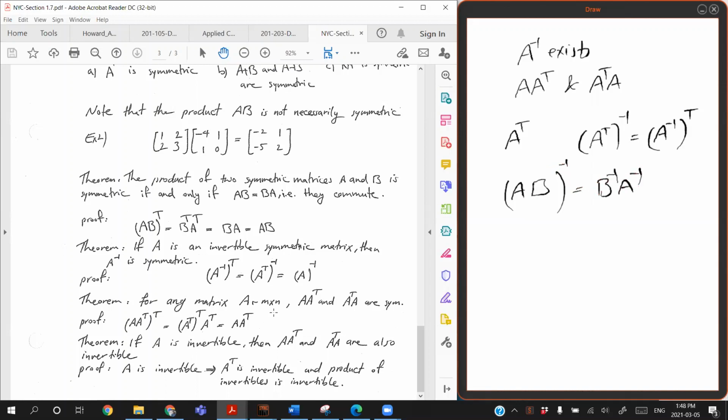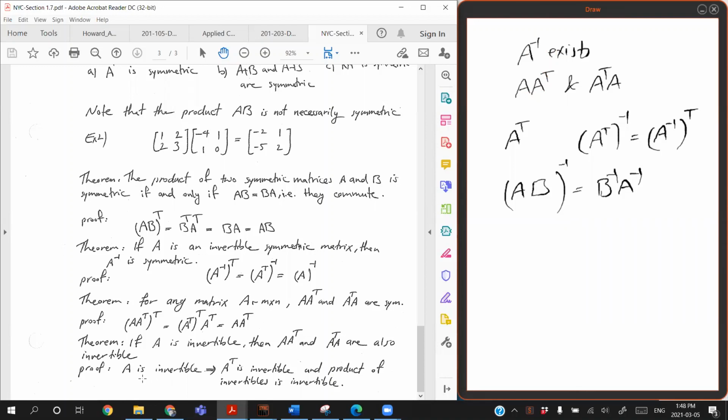So if you just combine these two theorems, you get the proof for this one, because if A is invertible, then A transpose is also invertible. And you have the product of two invertible matrices, which is going to be invertible.